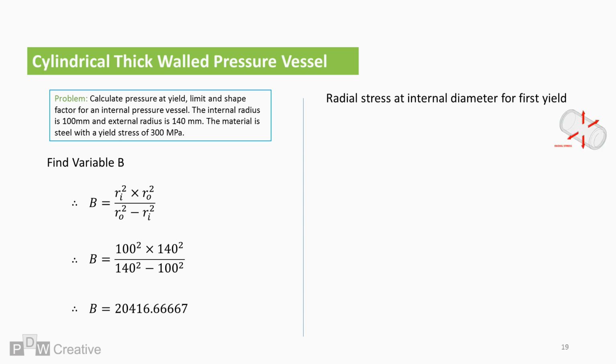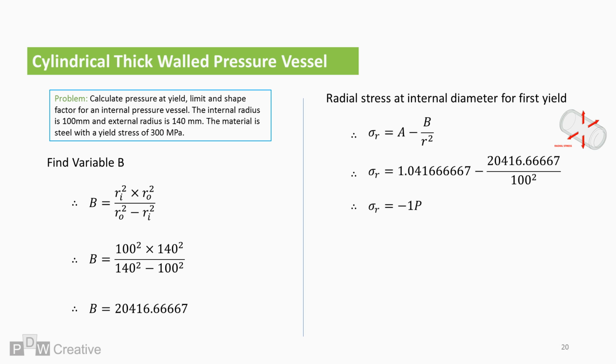So now we can go back and calculate the internal pressure for first yield. So stress in terms of pressure for the internal radius is minus 1p. We're going to do a conversion shortly, but for now let's say -1 represents -300 megapascals. So this means yielding is occurring at the inner wall.